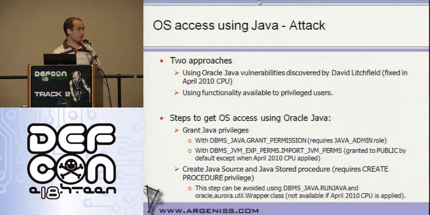So the next attack example that will get operating system access is the Java attack. There are two approaches that I will be showing today. One doesn't require special privileges, and it uses the vulnerabilities discovered by David Litchfield this year, which were fixed in the April 2010 CPU.